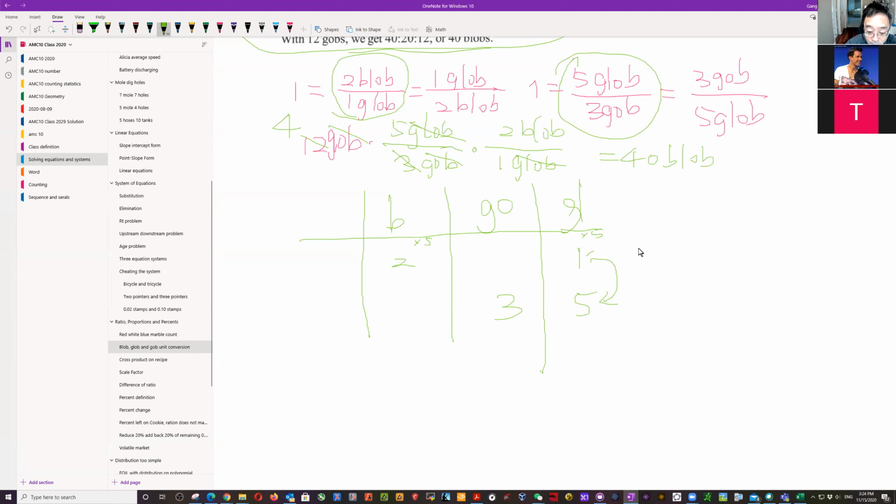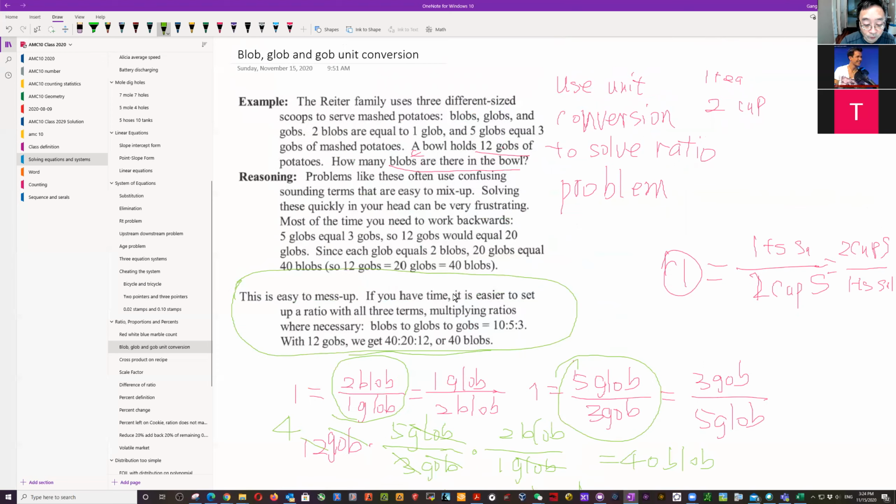I will synchronize it to 5. So 5 is still here, 3 is still here, because this is 1 multiply 5, this reaches 5, so they synchronize. And 2 multiply 5 equals 10. So basically, blob to gob to glob is 10, 3, and 5. So we are able to reach this ratio similarly.